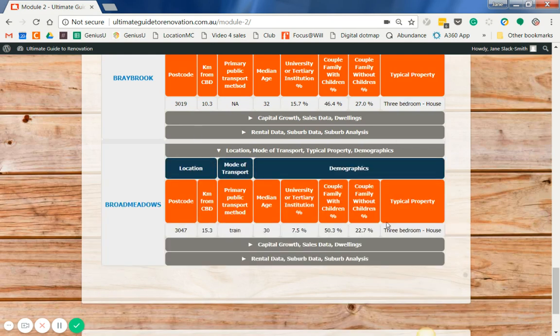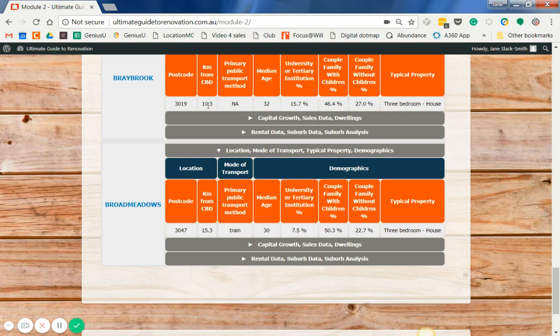So we pull the census data, we understand what the typical property is. We get a feel also for the demographics in the area. There's obviously a lot of university students here compared to here. So this might be something where you look at opportunity for maybe student accommodation.